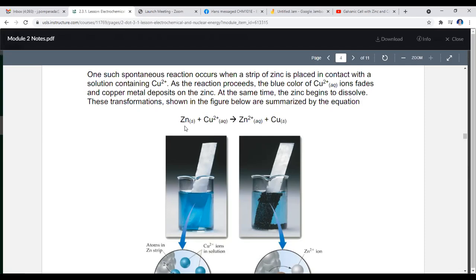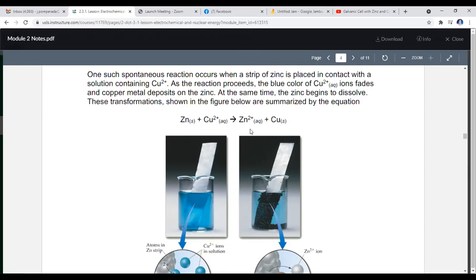In the process, your zinc metal here is being oxidized. Why do we say it's being oxidized? It's because it's giving away how many electrons in this case? It's giving away 2 electrons. You see this 2 plus in here? As a review again, whenever a neutrally charged atom loses an electron, it becomes positively charged.